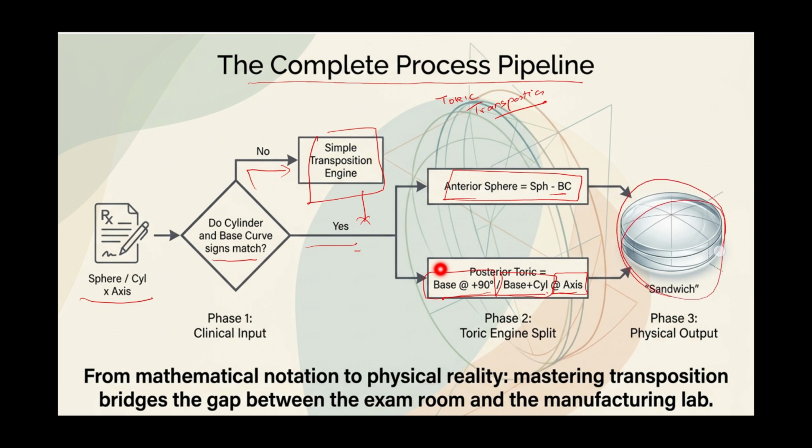Finally, we put all this in our sandwich to arrive at our assembly, which is the anterior surface power by base curve rotated by 90 degrees and cross curve in the same axis as the cylinder in the prescription. So this is the complete process of doing a toric transposition.